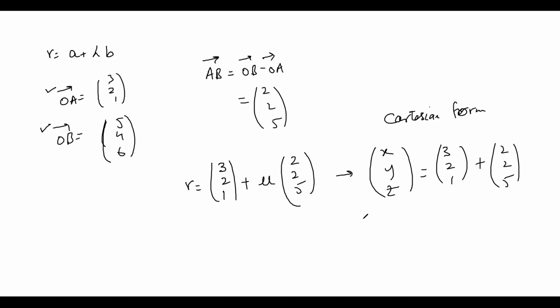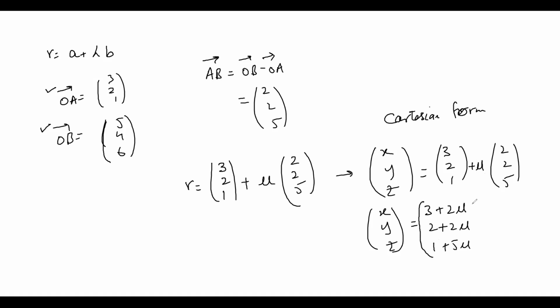That is quite a simple thing. Oh sorry, there was a mu over here, I just missed that. So this is plus mu, okay? So now this can be written as 3 plus 2 mu, 2 plus 2 mu, and 1 plus 5 mu.